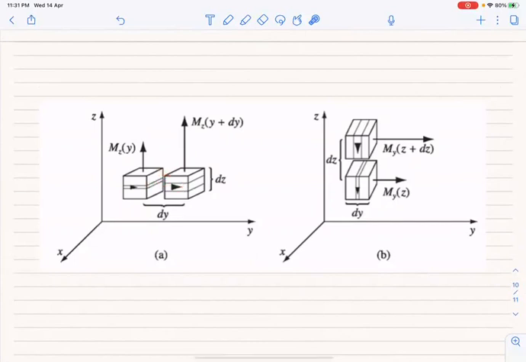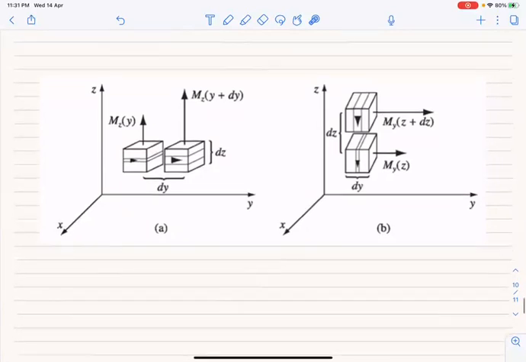If you look at these two sides, the current goes like that here, and comes like that here. Earlier, when the magnetization was uniform, they used to cancel. However, this is no longer the case. So the current will not cancel, and it will have a net component along this axis, along the x direction.